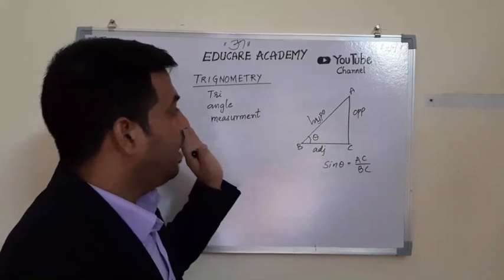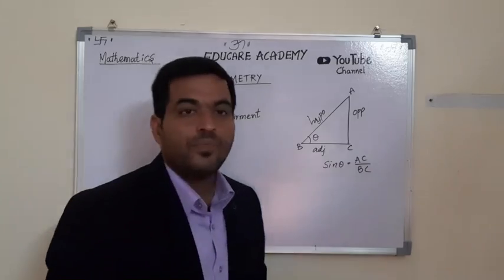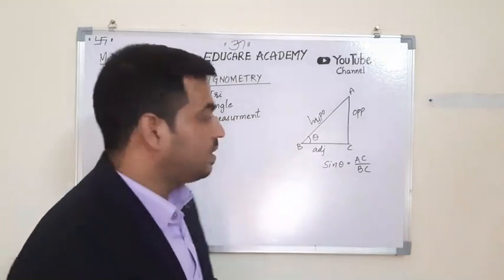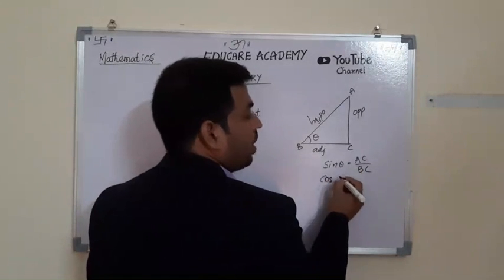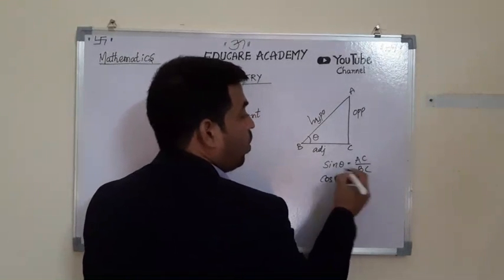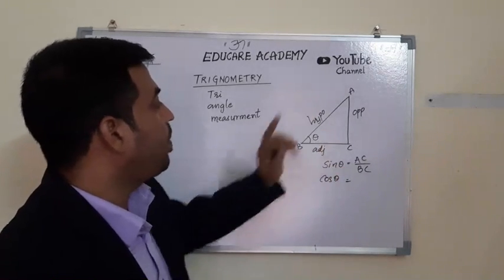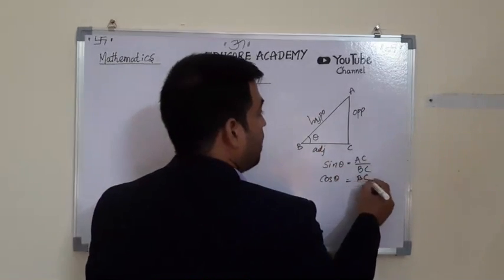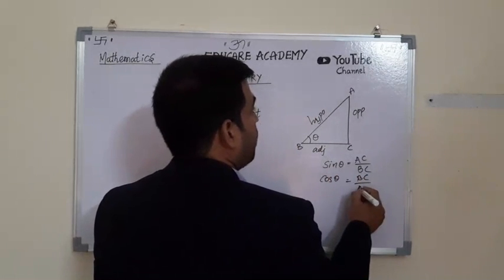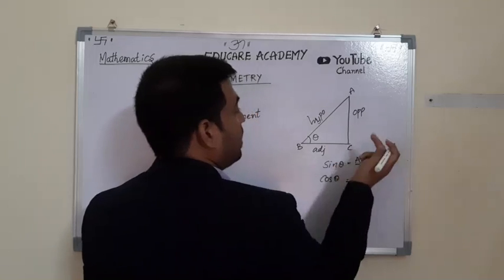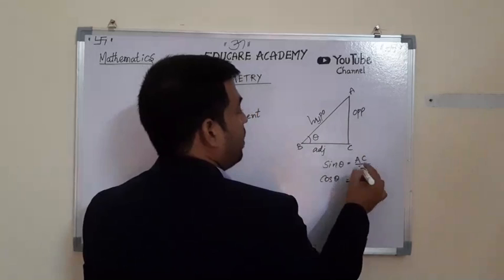And hypotenuse means the side which joins the adjacent and opposite sides. Like that, cos theta is adjacent by hypotenuse. Adjacent is BC, hypotenuse is AB. So sine theta is opposite divided by hypotenuse, and hypotenuse is AB.